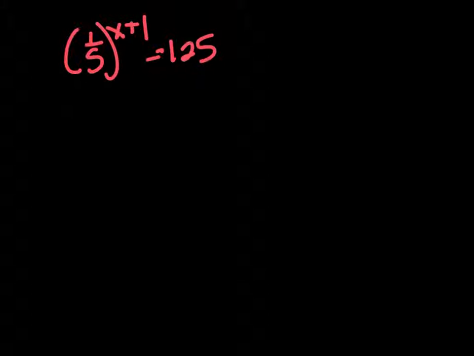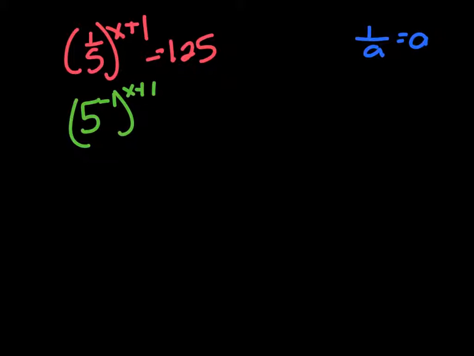Next problem, if I have 1/5 to the x plus 1 equals 125, again, I'm going to try to get the same base. 1/5 you got by putting the 5 in the denominator because you had a negative exponent. So I would get used to, if you have 1 over a, that means a to the negative 1.